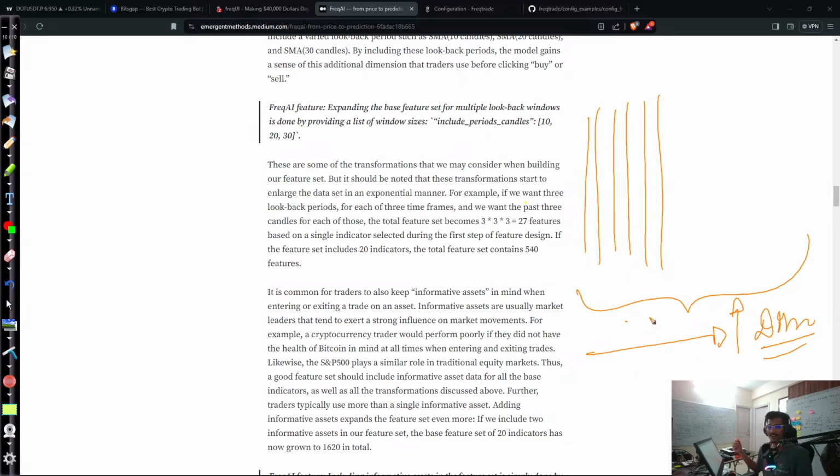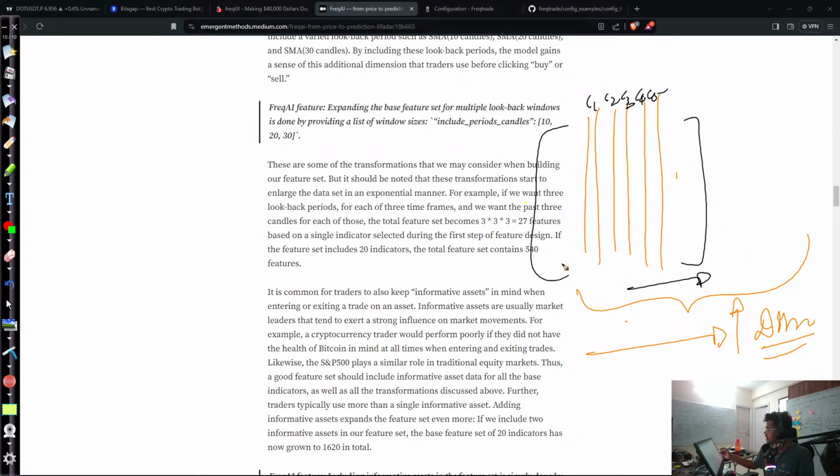That's what we call the curse of dimensionality, because once you have a lot of data, your model has a hard time predicting it. Not a lot of data in a sense, but a lot of columns, because the size of the matrix keeps increasing.